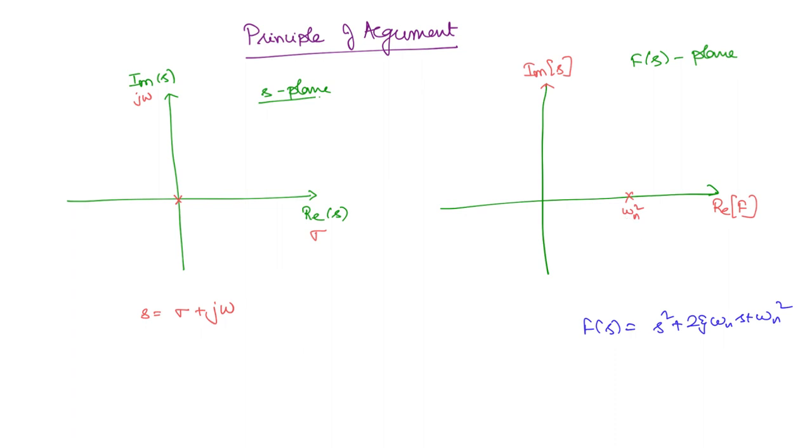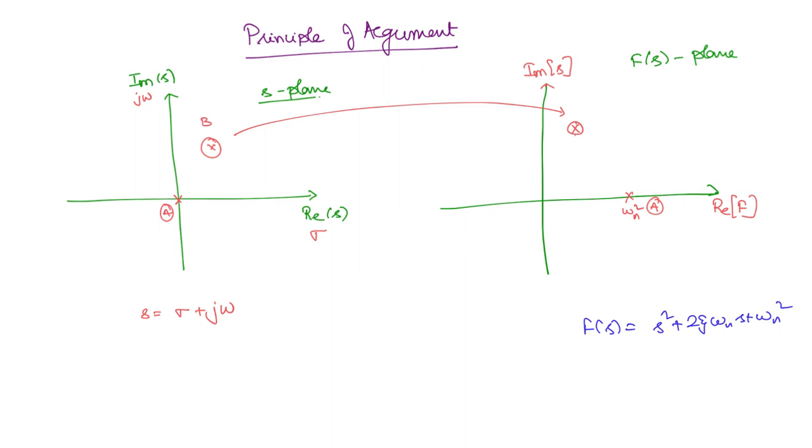That is how you can map one point to another point. Let us say some other point here, point A, and the corresponding point you are going to get here. Now for this point B, the corresponding point, let us say, is somewhere here.